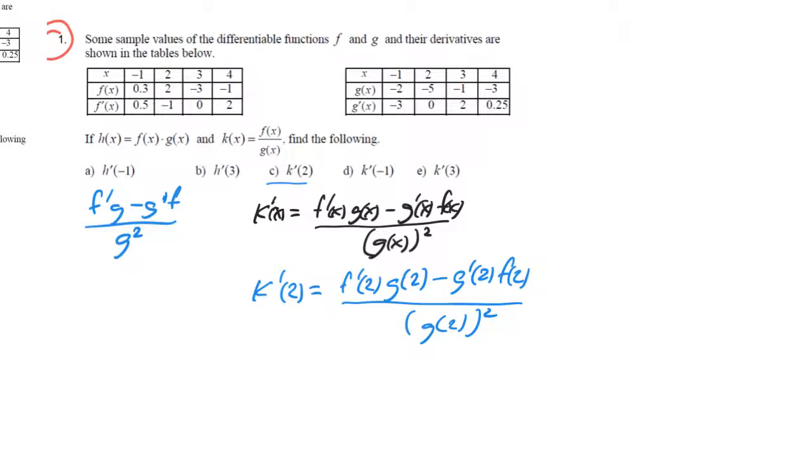When I do this, I get that k prime of 2 is equal to, so f prime of 2, I go up to this table, here's the f prime row, here's the 2 column, so f prime of 2 is negative 1. G of 2, so I go up here to the g row and the 2 column, g of 2 is negative 5.